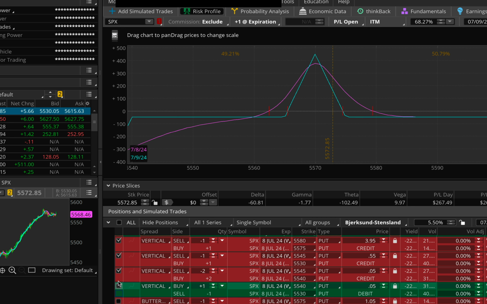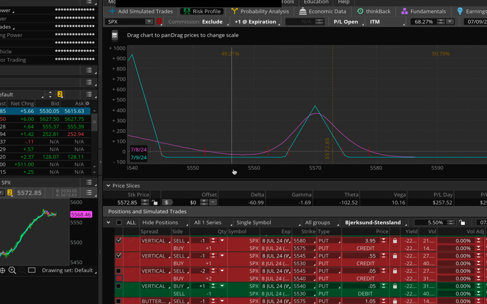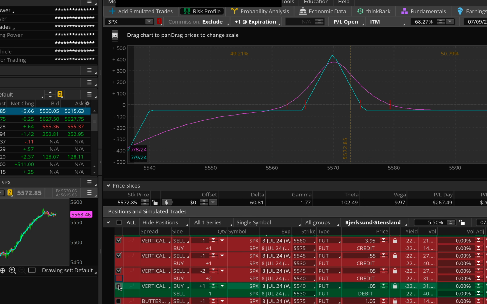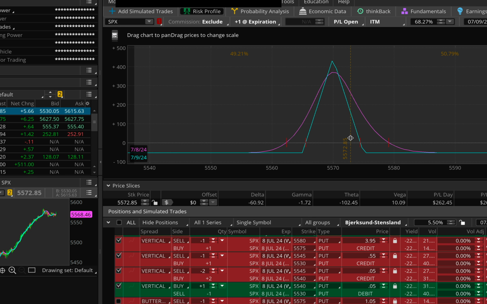So I'm going to back out of this and see when we had the most amount of risk. Look at that. If we would have let that thing just settle, we would have pinned in the tent, and we would have made $157. I couldn't bring myself to do it, because I had $55 of loss.